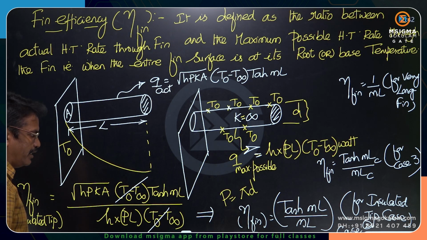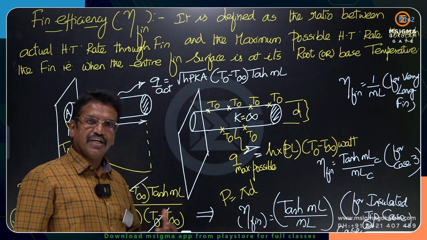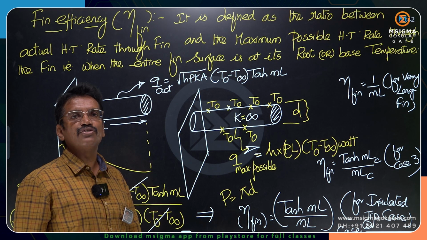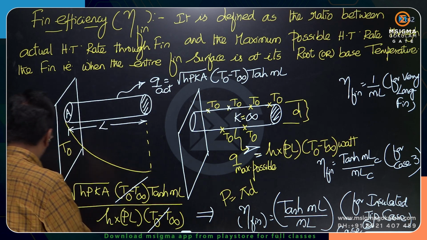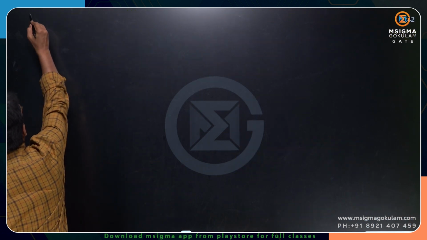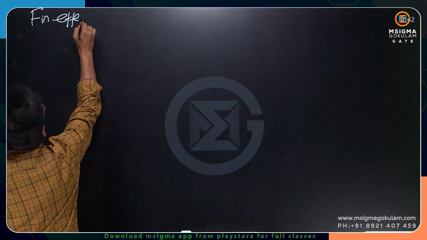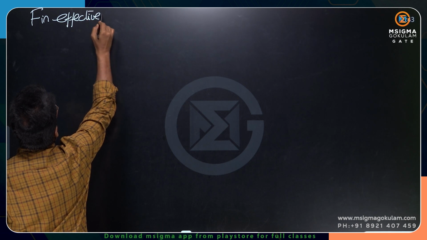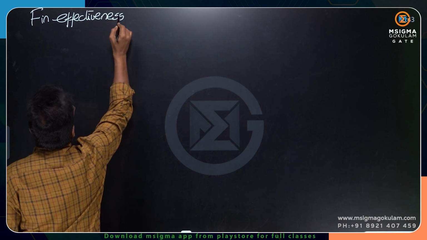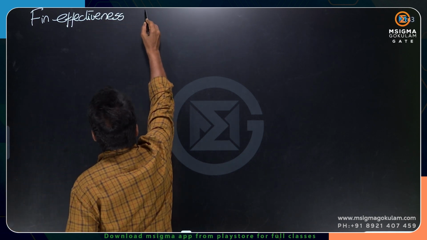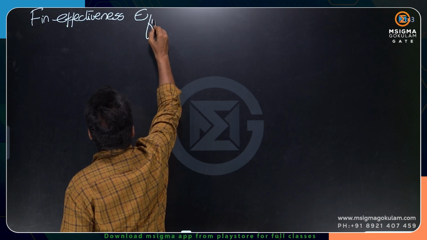Now, I will define the second performance parameter called the fin effectiveness, epsilon.